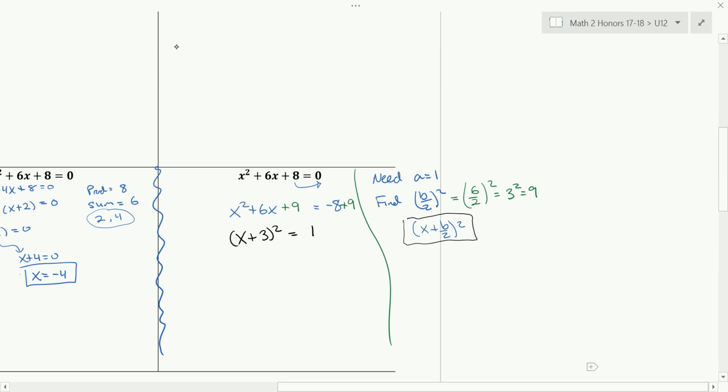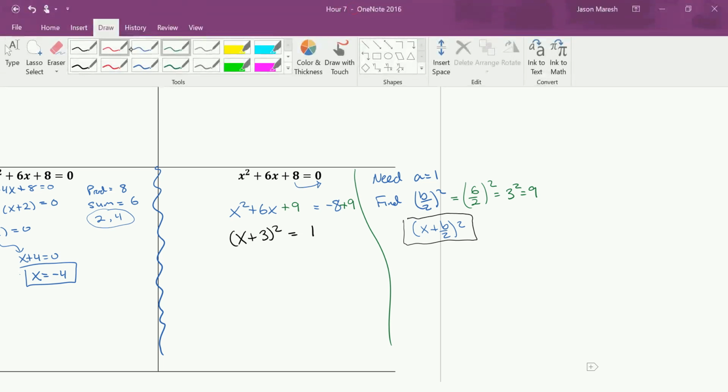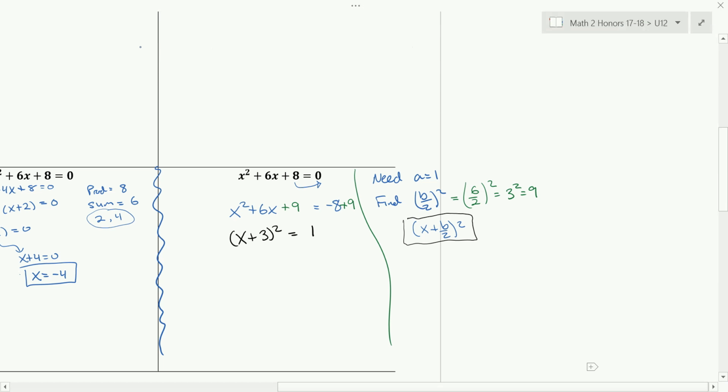So we've solved stuff like this before. So what happens next? You know what the next step is? Take the square root of both sides. And we end up with x plus 3 is equal to, good, don't forget the plus or minus. That's how we get two answers, with the plus or minus there. And then we subtract 3.